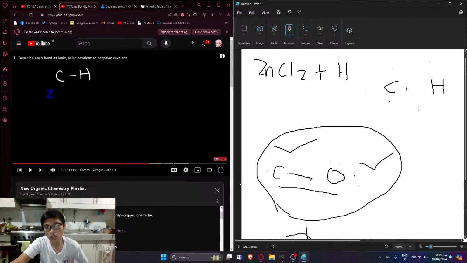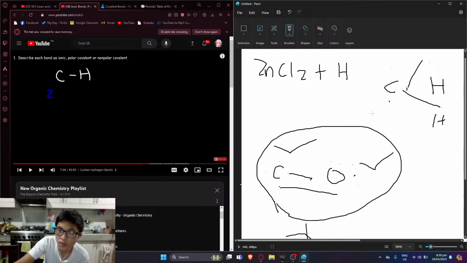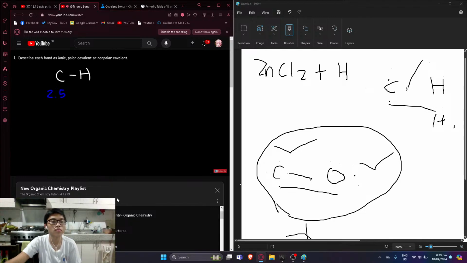So if we want hydrogen to be stable, we can put 2 hydrogen atoms, and this will give them that. Now both of them, three of them, have 2, 2, 2. They fulfilled, so it's not ionic. Carbon has an electronegativity value of 2.5, and for hydrogen it's 2.1.